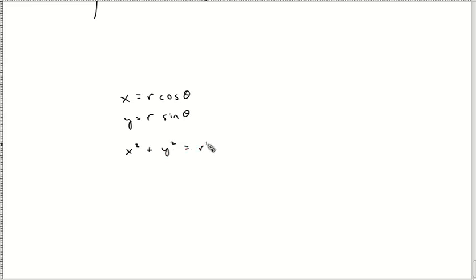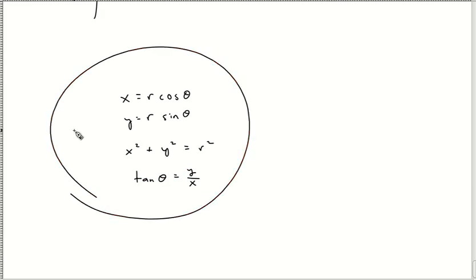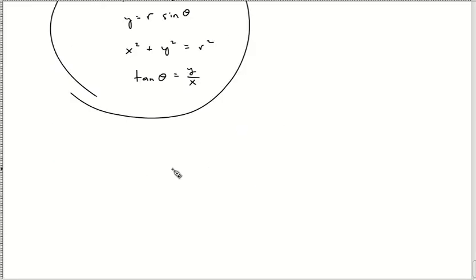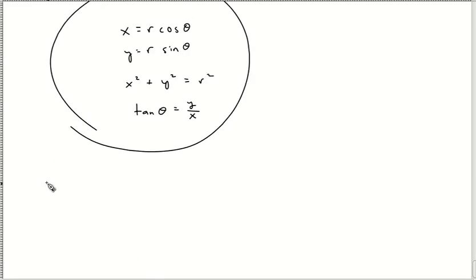You'll just continue to see this forever. So x squared plus y squared equals r squared, x is equal to r cosine theta, y is equal to r sine theta, tangent of theta is equal to y over x. These 4 formulas are so super important. You'll be seeing them so often. So memorize them now.